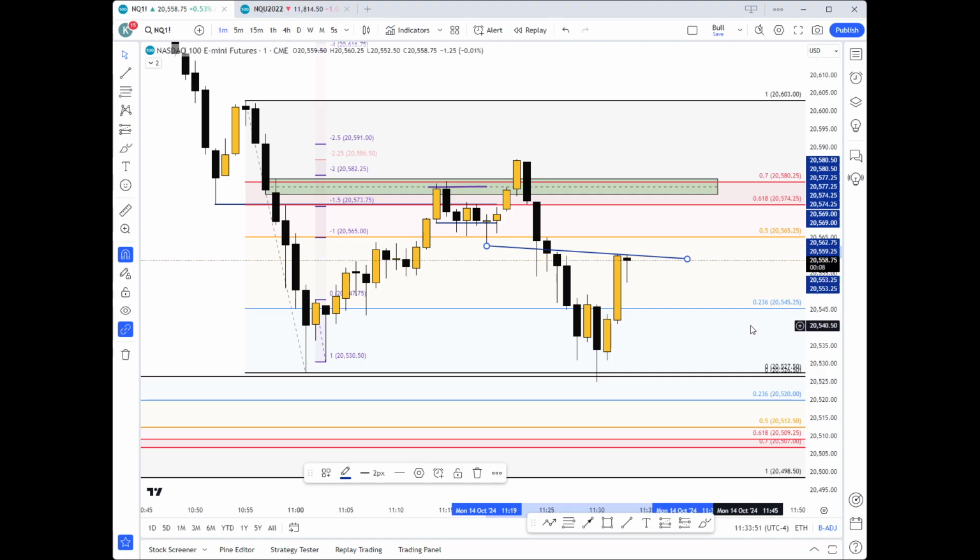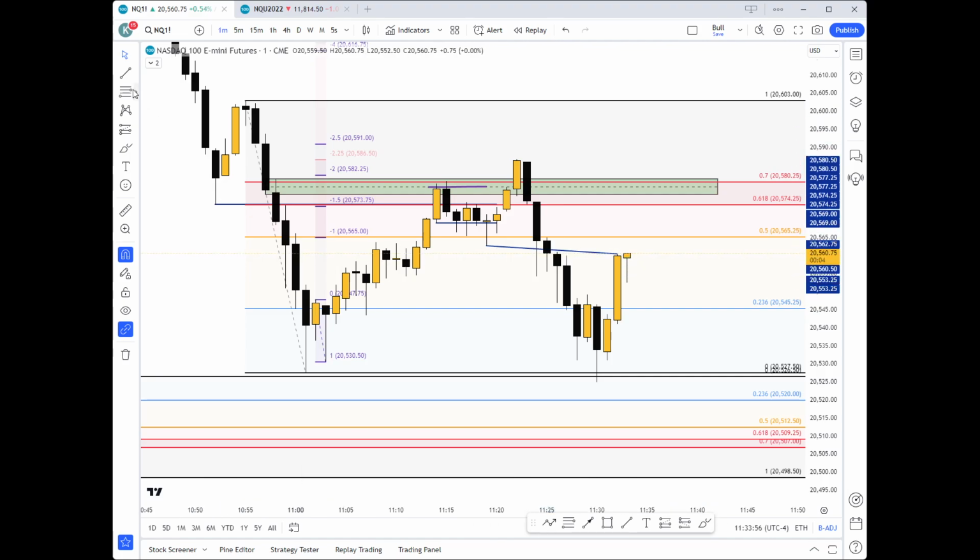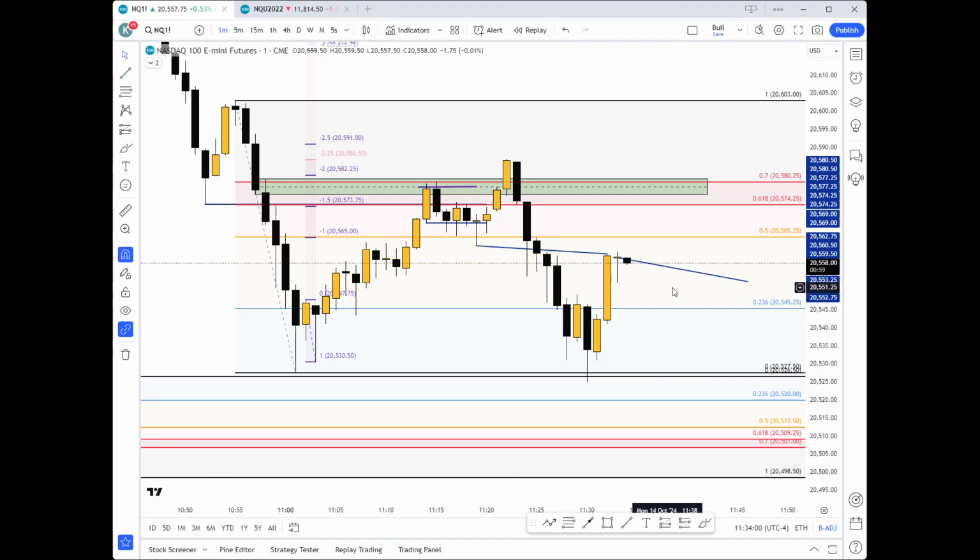How's my trend line? Mikey, don't you put like a gap in it? Don't you do like this? Isn't that how we do it?